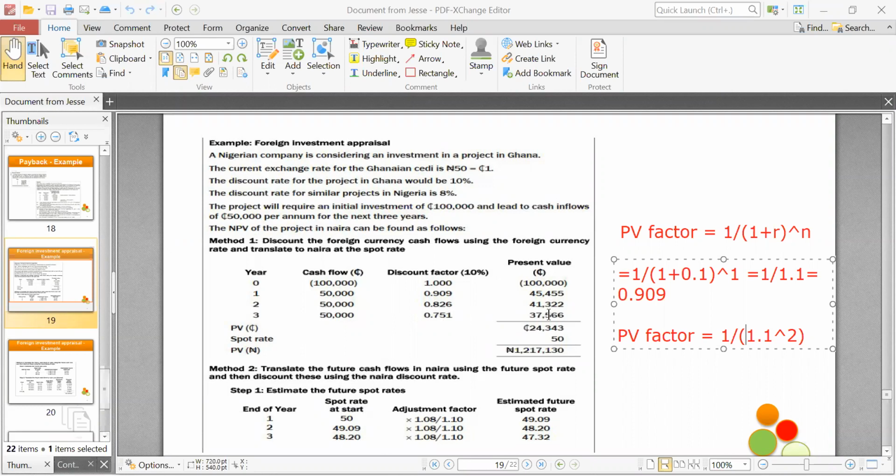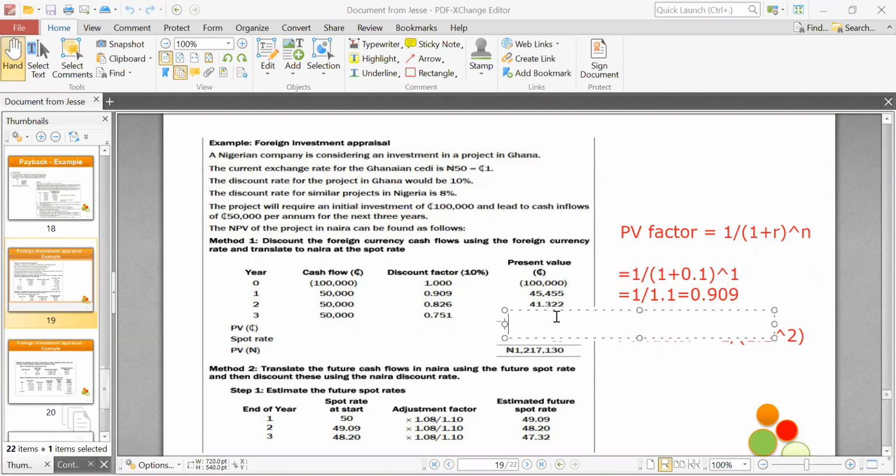So when you add all your present values, including from year 0 to year 3, you should get 24,000. Now, we know that the spot rate for converting cedi to naira is 1:50.